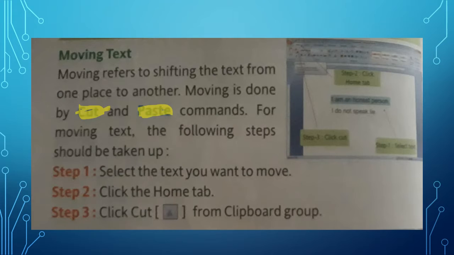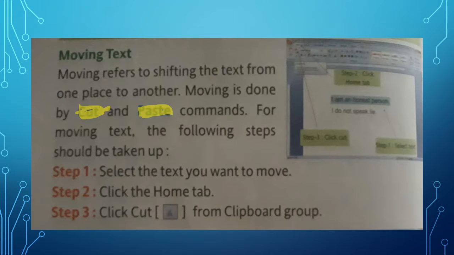And for moving a text, you have to follow some steps. The first step is to select the text you want to move. First of all, obviously you have to select the text that you want to move. After selecting, you just click the Home tab.